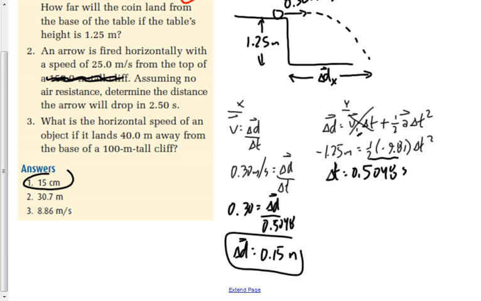Yep. Yeah, we're told that it falls for 2.5 seconds. We don't know if it falls to the bottom of the cliff or not. Maybe it falls 150 meters, maybe it falls 75 meters. We don't know. We're told how high the cliff is, but that doesn't say anything about the motion of the arrow. So we don't know what the y displacement is in question number 2.